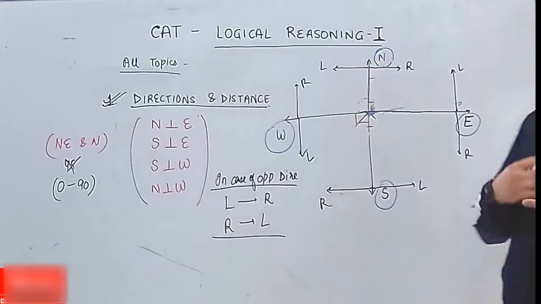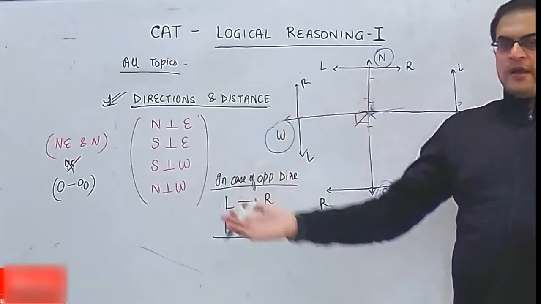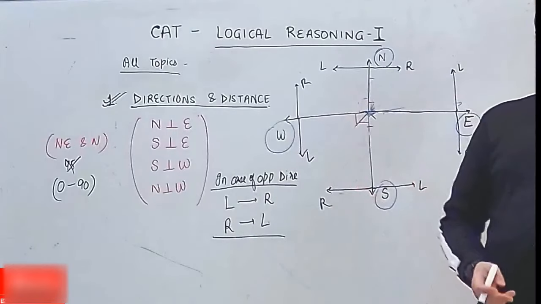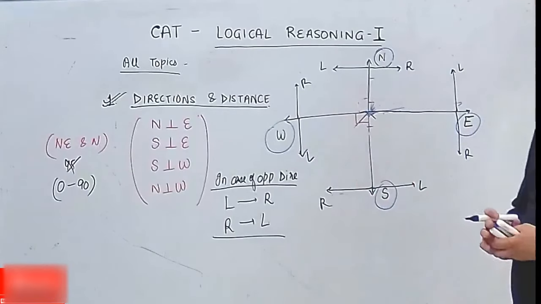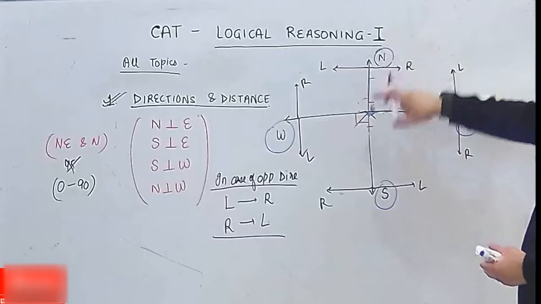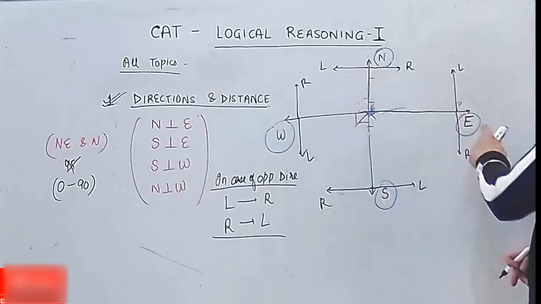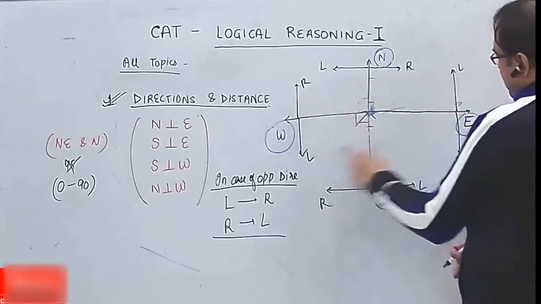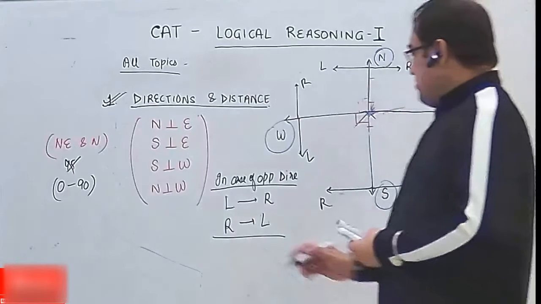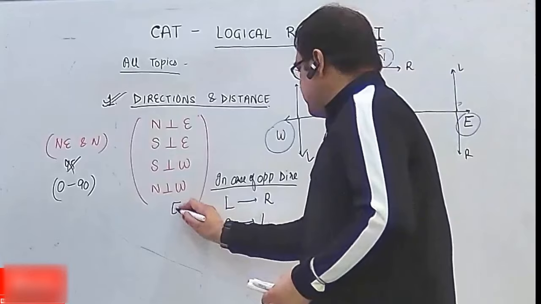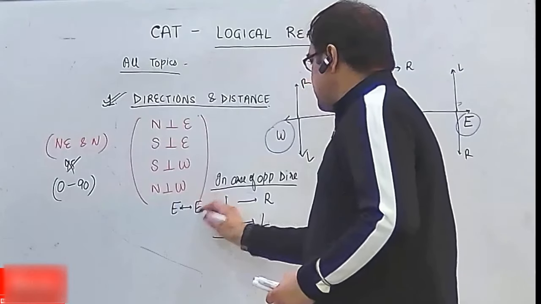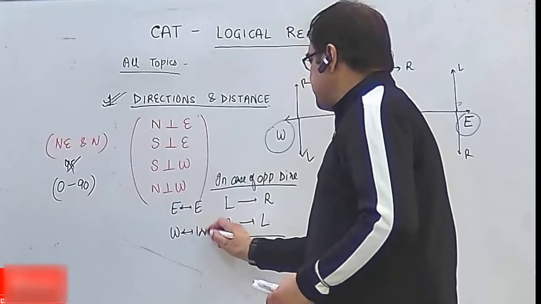If we are facing each other, my right will be your left and my left will be your right. Similarly east and west: left becomes right, right becomes left. But east remains east, and west will be west.